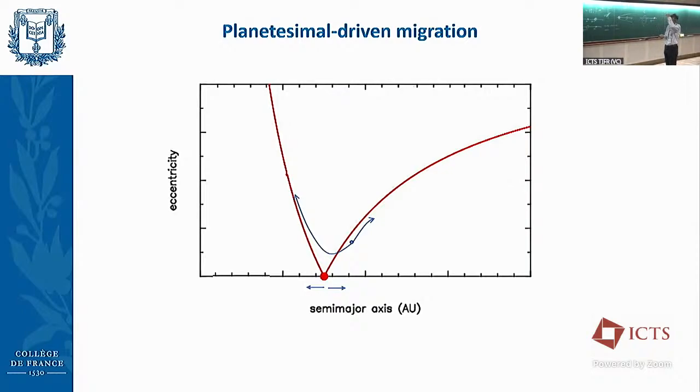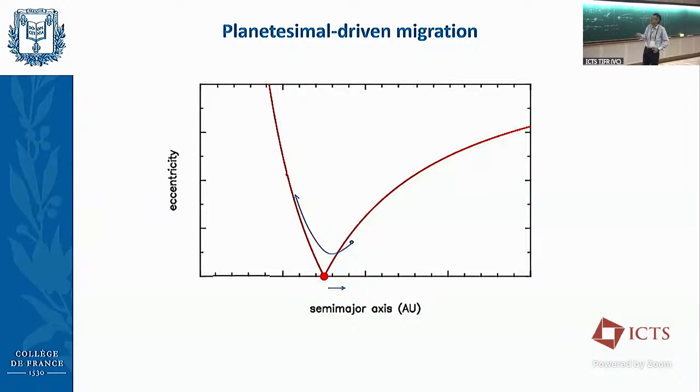So there are some planetesimals which are scattered out, some which are scattered in. Who wins? If all planetesimals are initially outside of the planet, clearly the planetesimals scattered in win, because if the other planetesimals were winning, the planet would move inward and then would detach from the planetesimals.